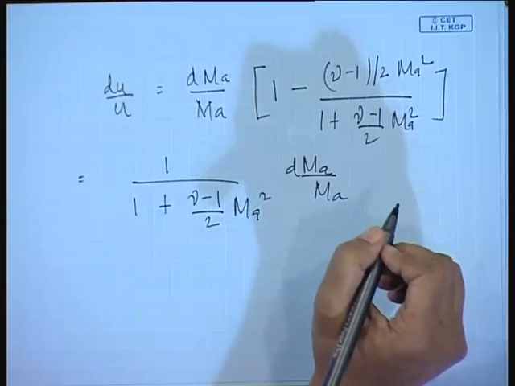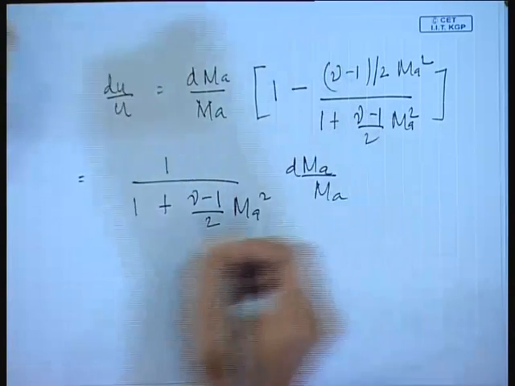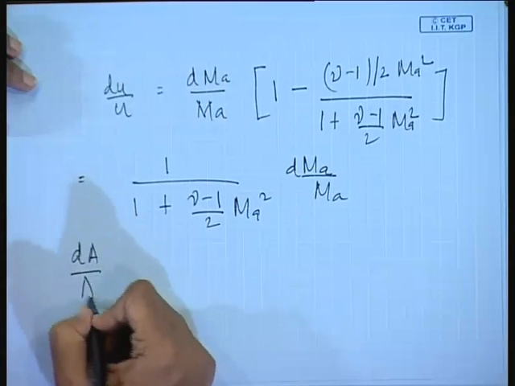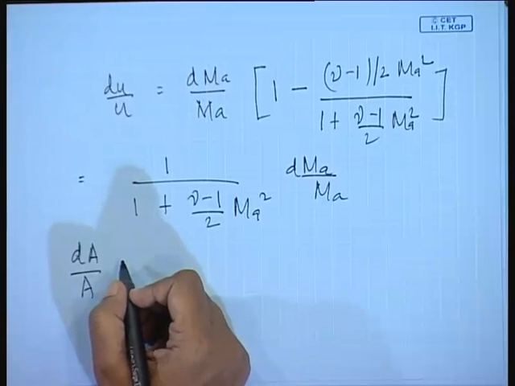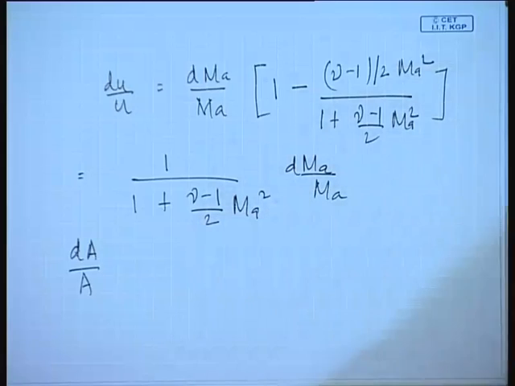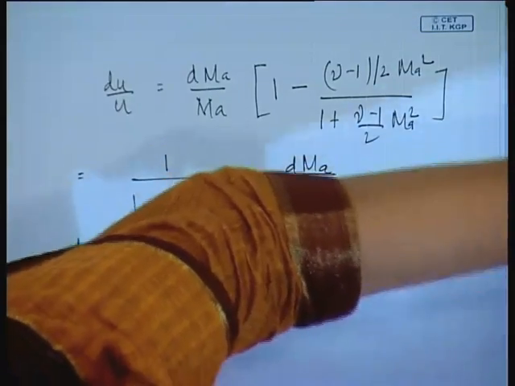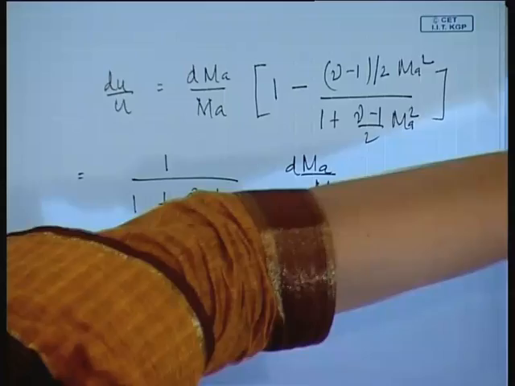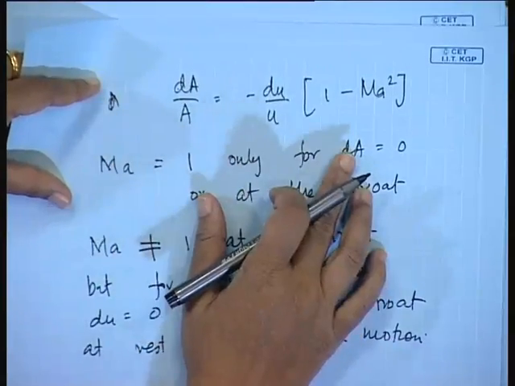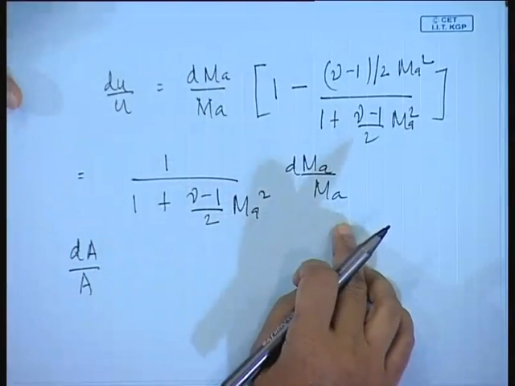This is what we get from this condition. Therefore, if we write dA by A, we had already obtained a equation relating du by u and dMa, so in place of du by u we can substitute this equation.